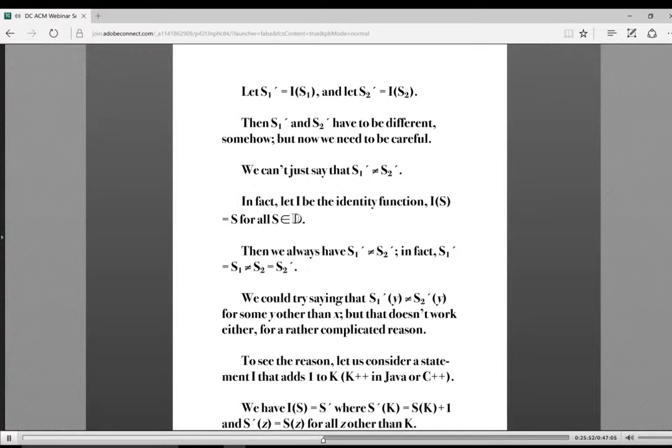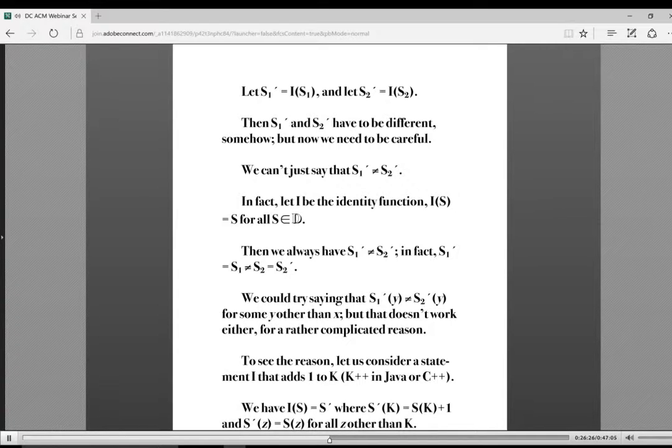I of S equals S for all S in D. Then we always have S1 prime is unequal to S2 prime. In fact, S1 prime equals S1, which is unequal to S2, which is equal to S2 prime. We could try saying that S1 prime of Y is unequal to S2 prime of Y for some Y other than X, but that doesn't work either for a rather complicated reason.